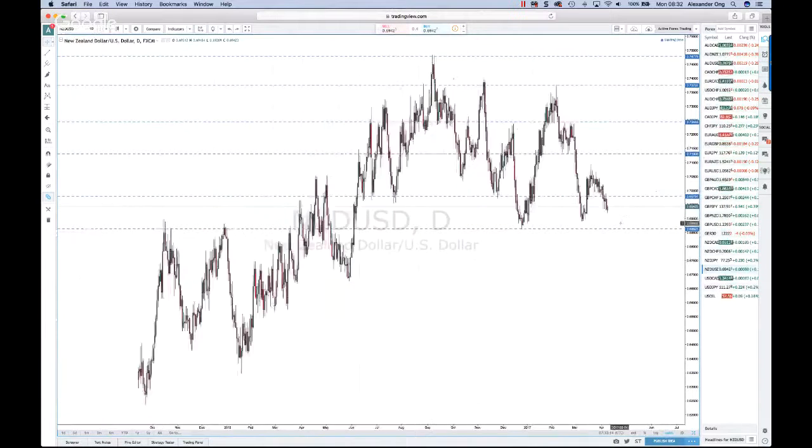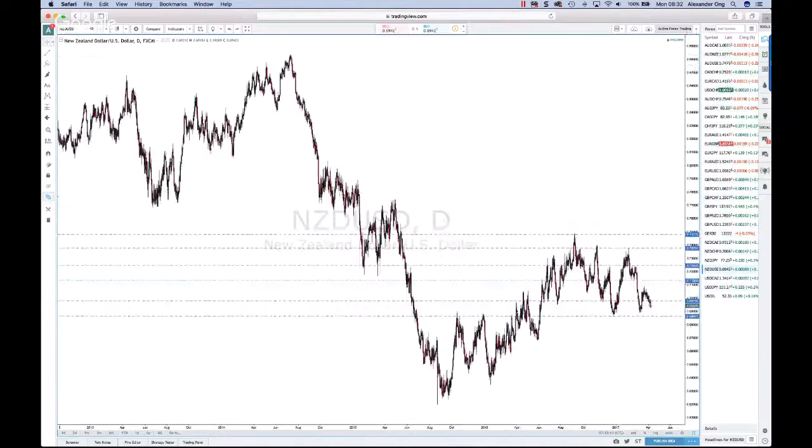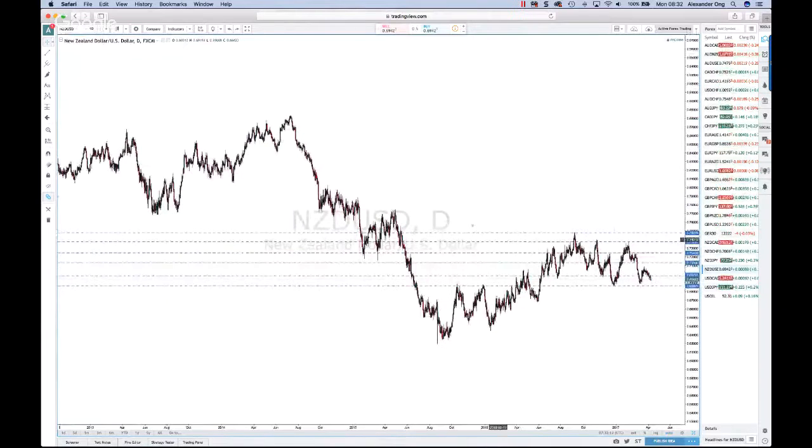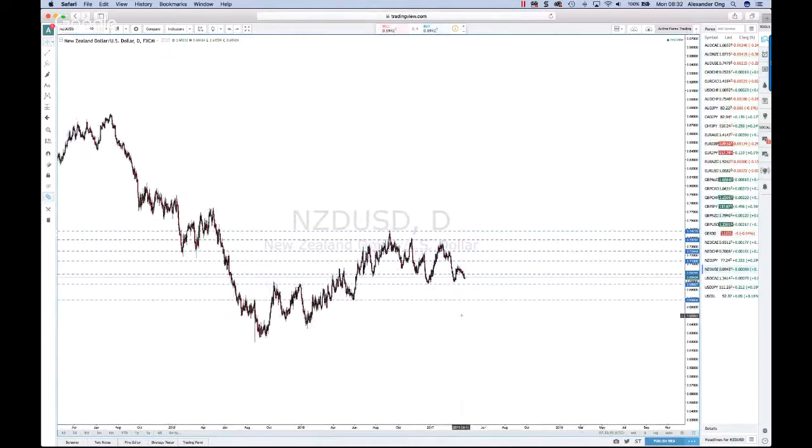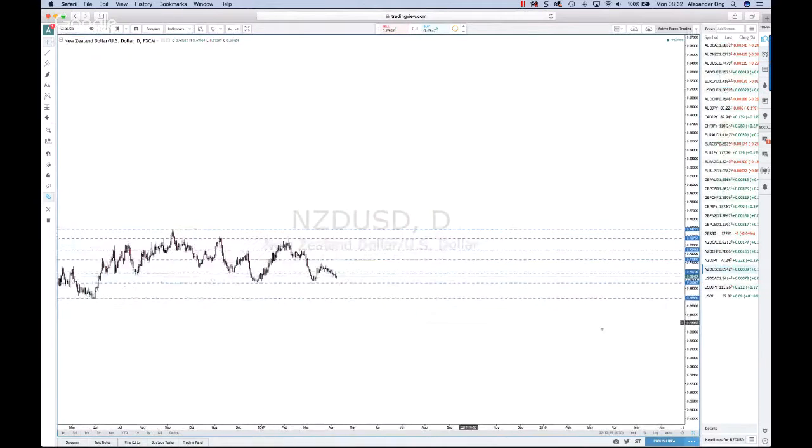Well, looking at this on the daily, I guess you could say that the long-term trend is to the downside. The 67 area would be the next support area over there. I don't see why not.